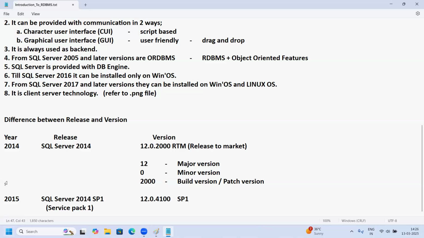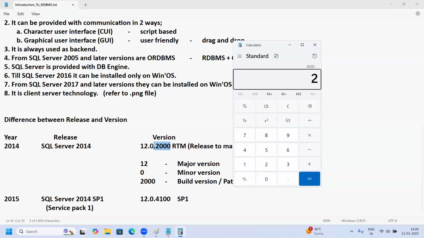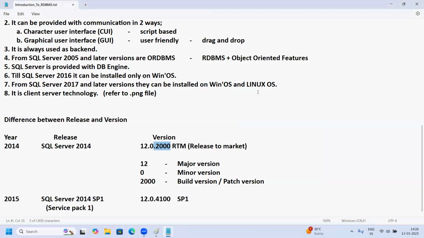What does it mean? In this 1 year, 2014 to 2015, Microsoft has made in SQL Server 2014 around 2,100 changes. 4,100 minus 2,000, example, I'm saying example, 2,100 changes Microsoft has made in 1 year.